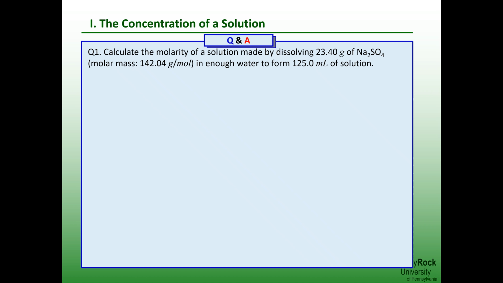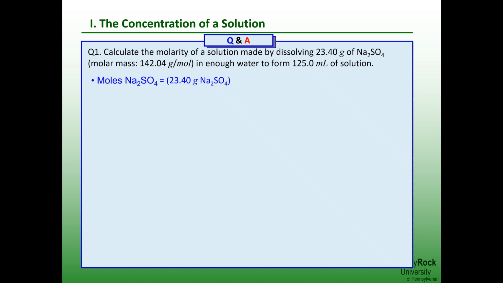Question 1 asks us to calculate the molarity of a solution made by dissolving 23.40 grams of sodium sulfate in enough water to make 125.0 milliliters of solution. Step 1 is to convert the mass of sodium sulfate into moles.